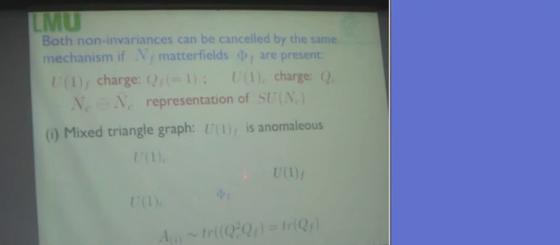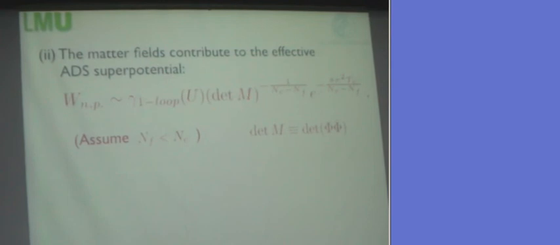And then the first non-invariance is cancelled by an anomalous triangle, which is a Green-Schwarz mechanism. I'm afraid my time is running away. And the second non-invariance is cancelled by including these fields in the non-perturbative superpotential by the well-known Affleck-Dine-Seiberg determinant.